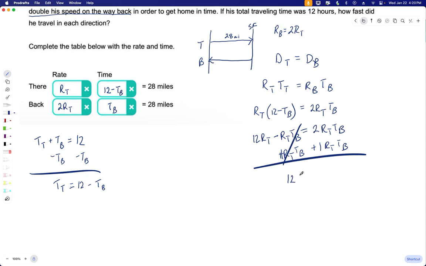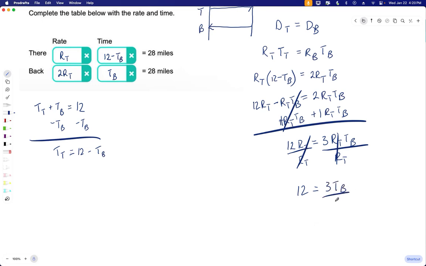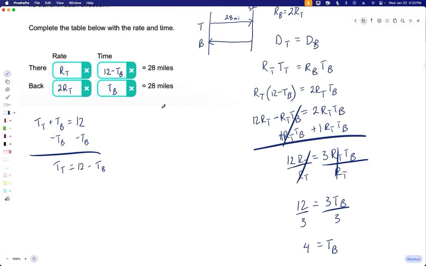I've got 12 times RT is equal to 3, because 2 plus 1 is 3, times RT times TB. If I divide both sides by RT, this cancels. 12 is equal to 3 times TB. Divide both sides by 3. 12 divided by 3 is 4. That is the value of the time back.